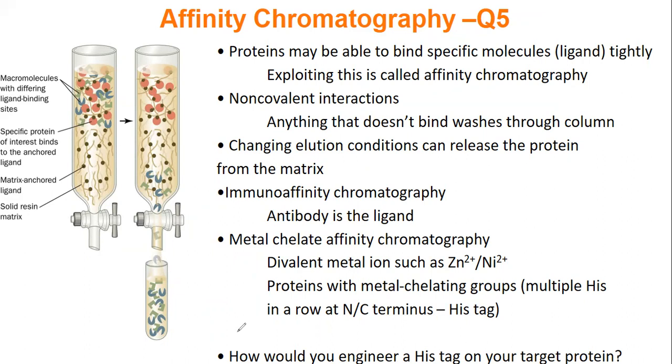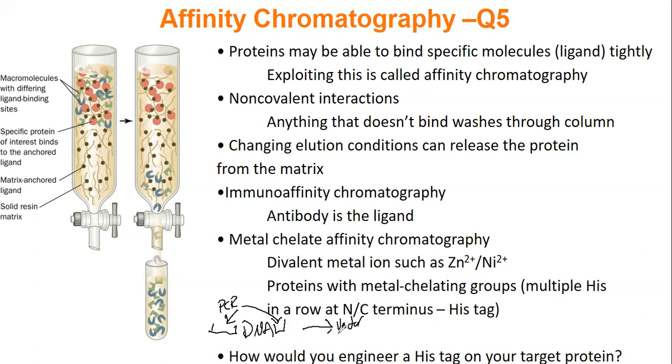You take the DNA of your protein and using PCR, you can modify your protein to have 5 or 6 histidines at the beginning or end. So you do that to modify your DNA sequence. You put this modified DNA sequence in a vector and you are ready to go.